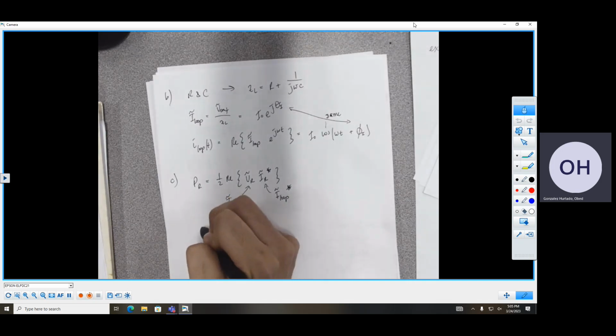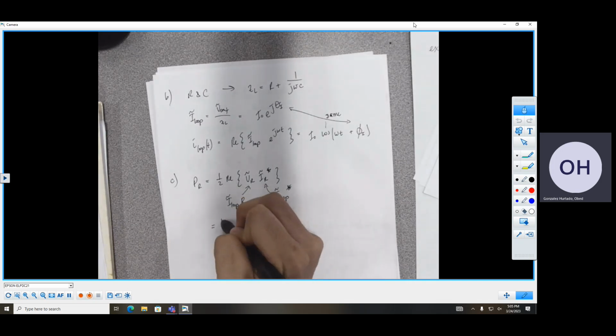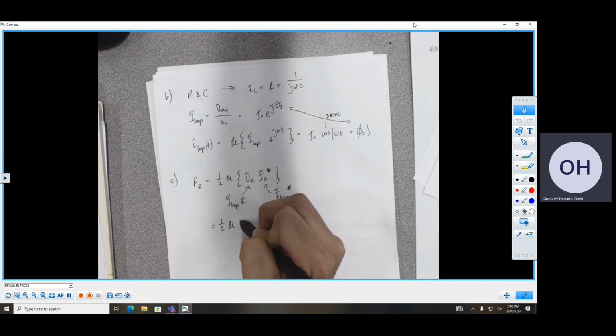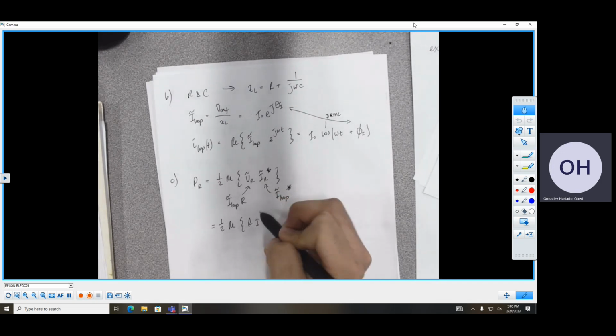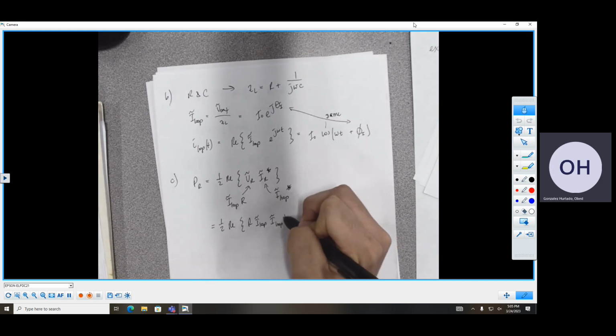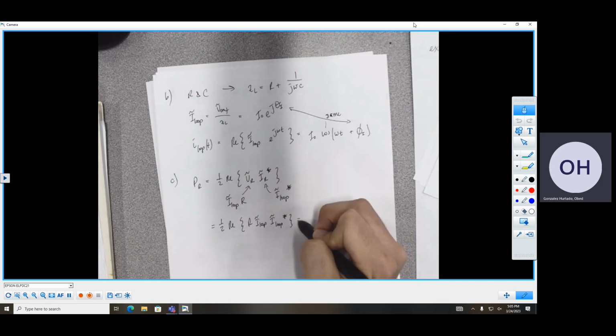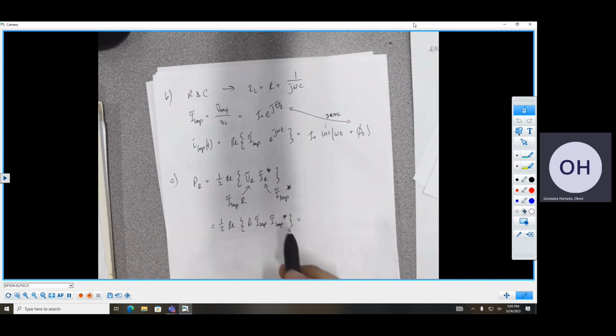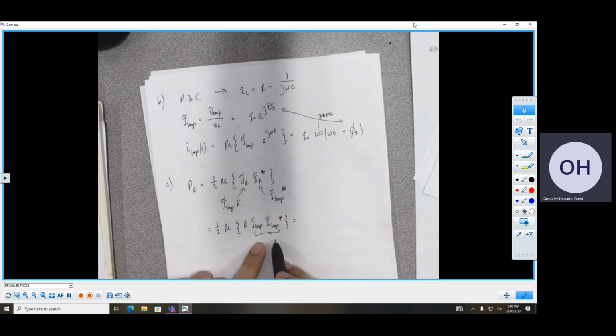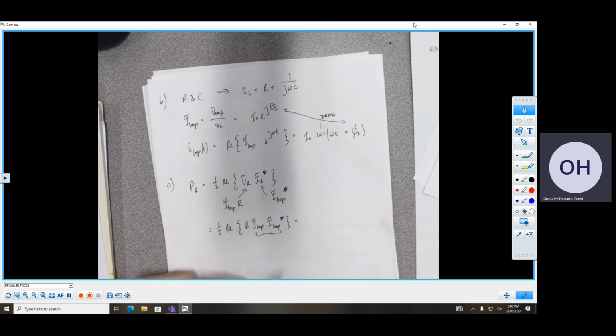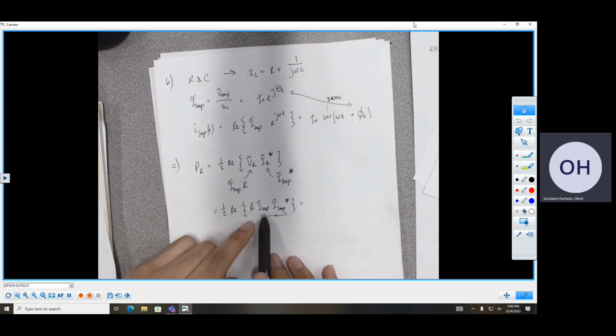So after, bring it down. These two, do we know what those two are equal to?